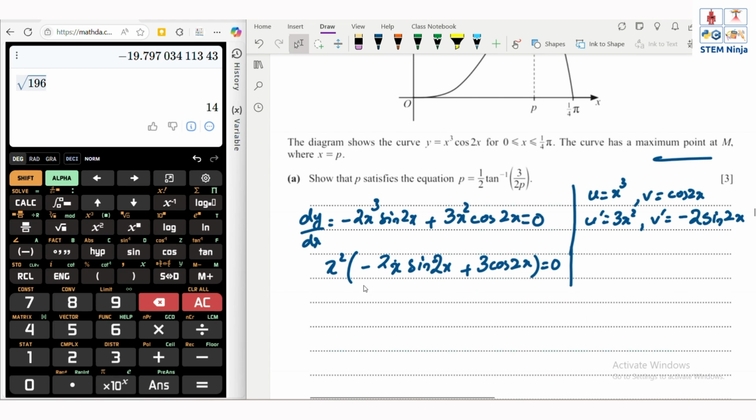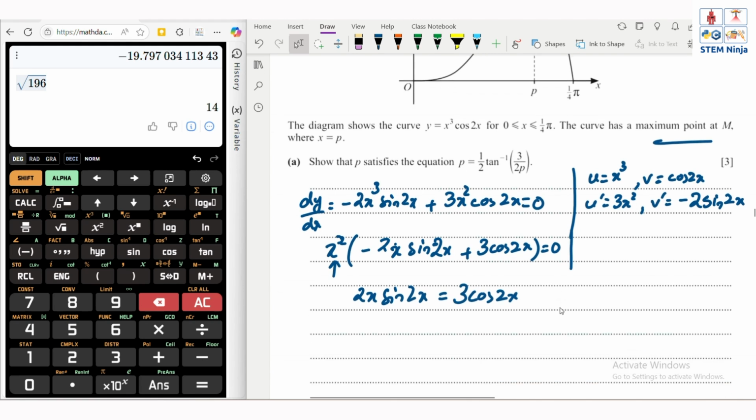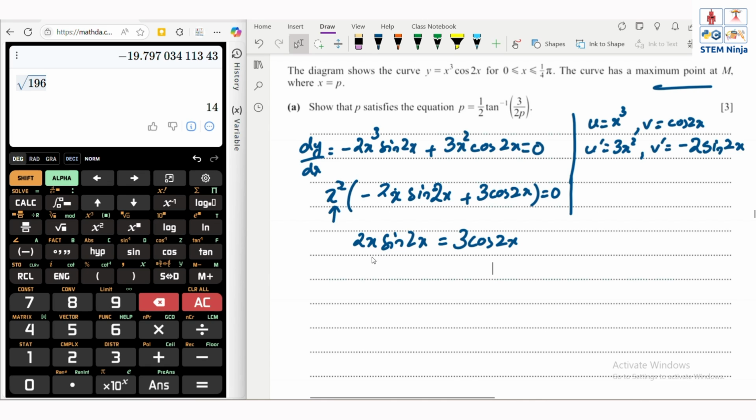So this will lead to a trivial solution, x is equal to 0, but this on the other hand leads us to 2x sine 2x equals 3 cos 2x. Now that would mean that we have sine 2x over cos 2x equals 3 by 2x.